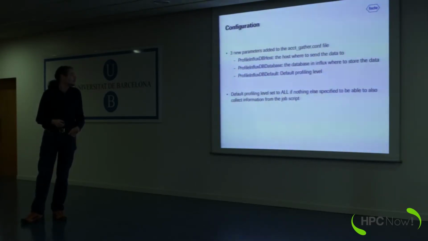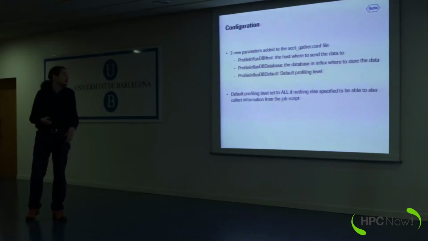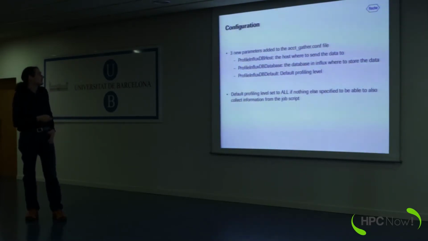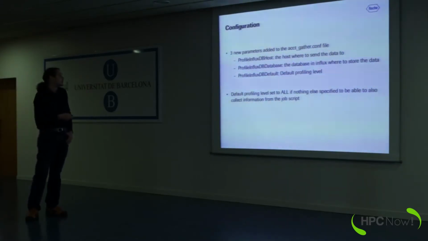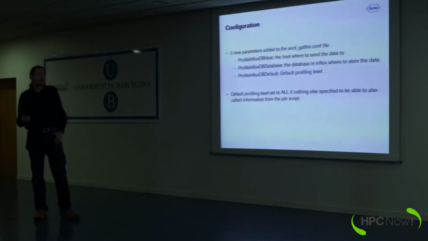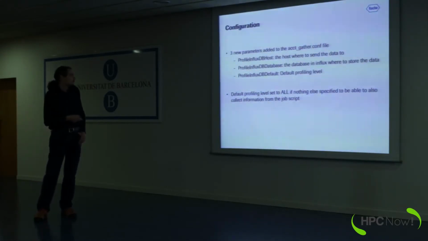So the configuration of the plugin is extremely simple. Instead of using the two parameters used for the HDF5 plugin, there's one more for the database, but you just have to specify the host where you want to send the data, the database inside the InfluxDB where you want to store everything, and the default profiling level in order to collect the data.